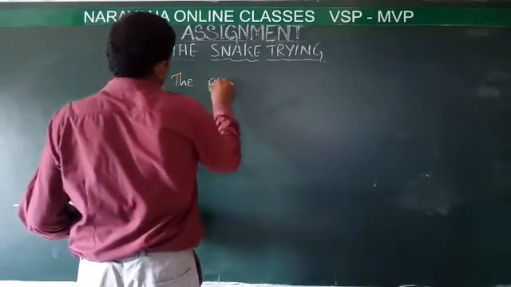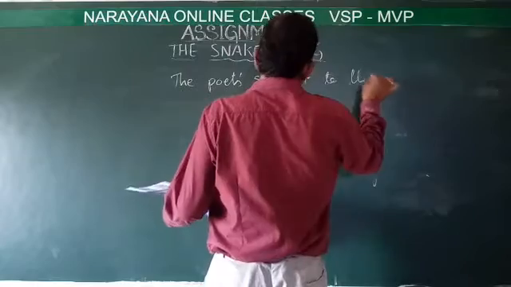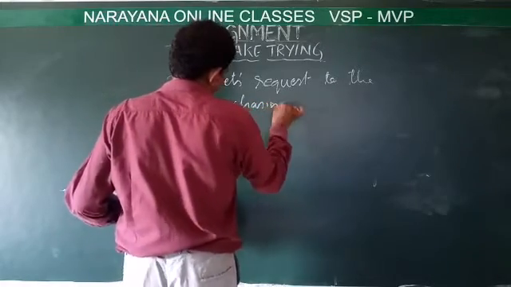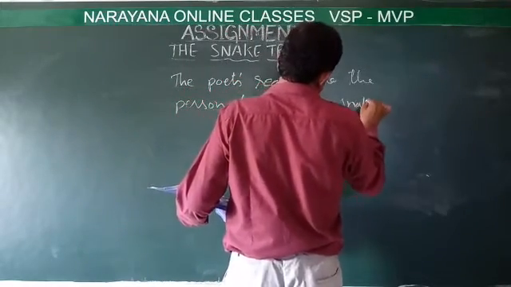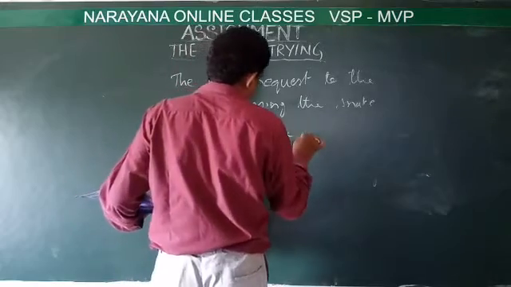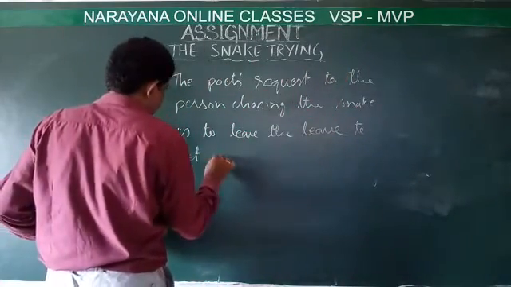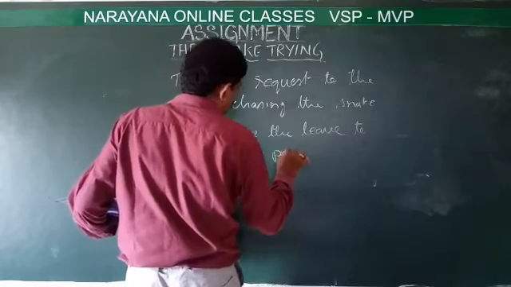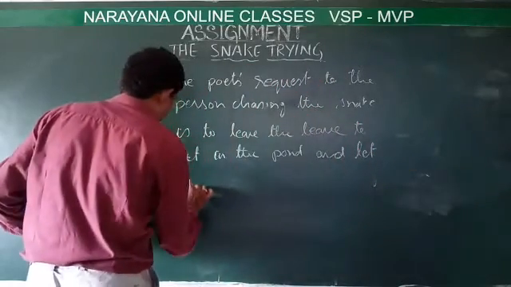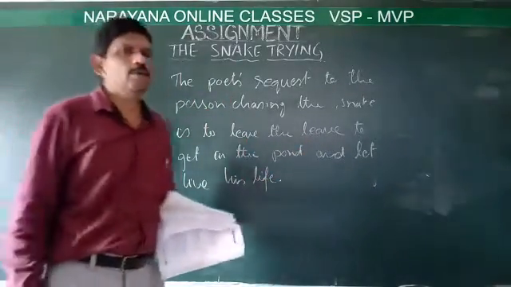The poet's request to the man, to the person chasing the snake, is to leave the snake to get into the reeds of the pond and let him live his life, because it is non-poisonous, because it is non-venomous.